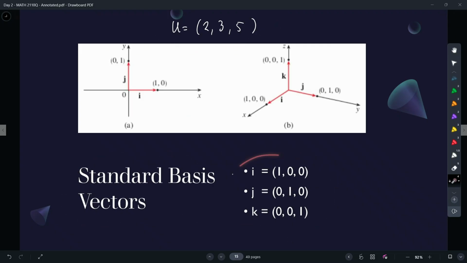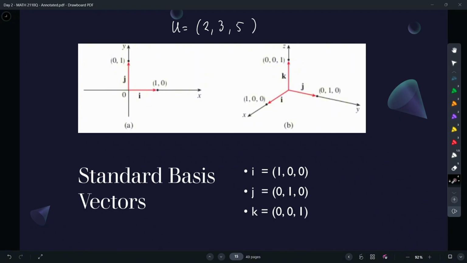In any case, the system that we have chosen is based on these standard basis vectors, the i, the j, and the k. The i would be the 1, 0 vector or the 0, 1 vector for j in the 2-dimensional system. In the 3-dimensional system, i refers to the vector 1, 0, 0. j is the basic vector of length 1 in the y direction, and k is the basic vector of length 1 in the z direction.